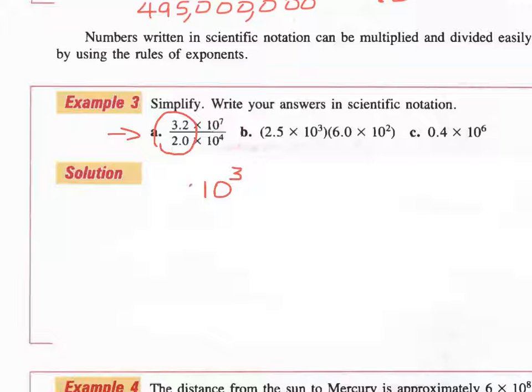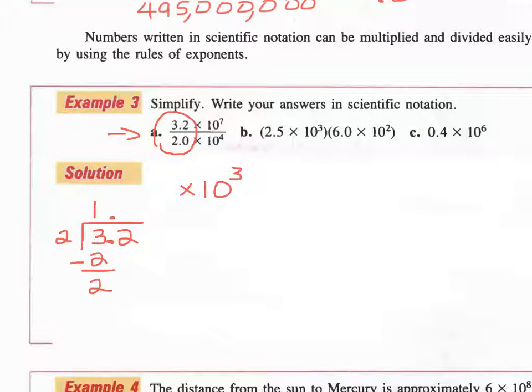Then as far as the decimal part of my number, I'm going to take the numerator. It's going in the division box and then the denominator outside. So I'm going to, again, divide this now. Again, I can bring my decimal point straight up. 2 will go into 3 one time.